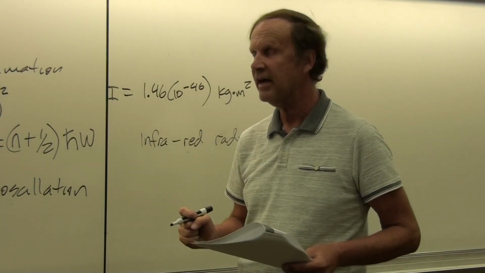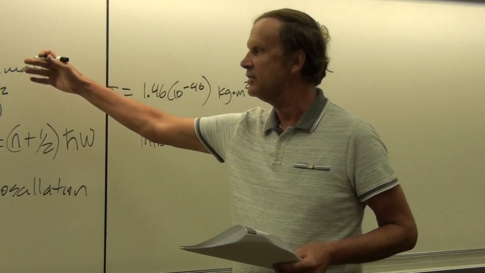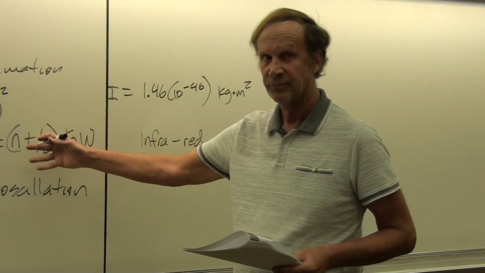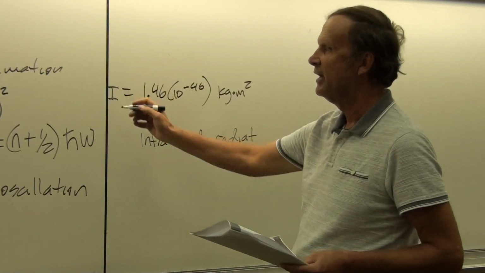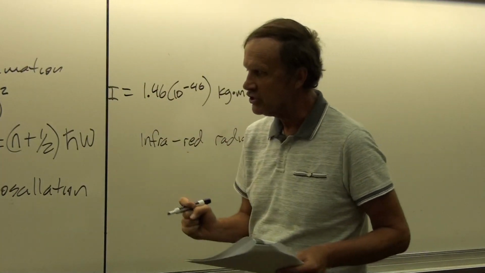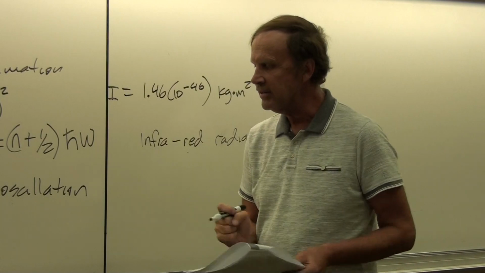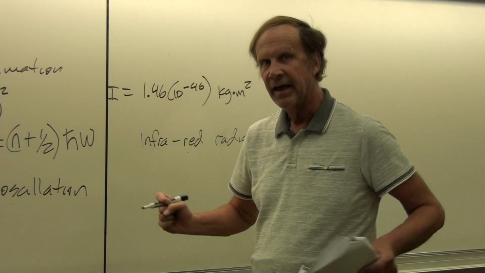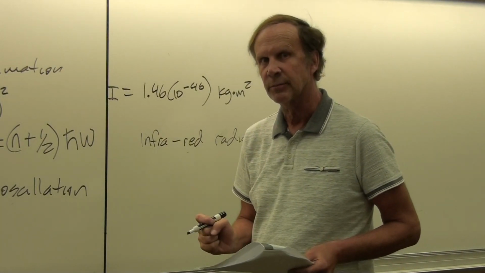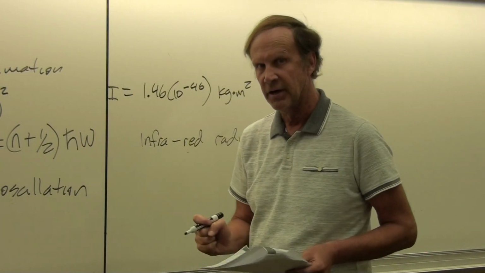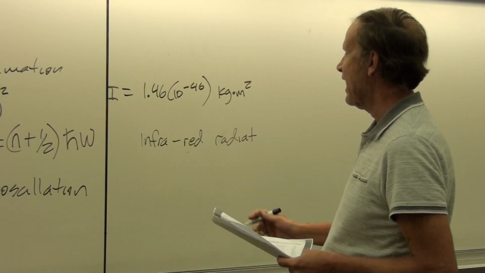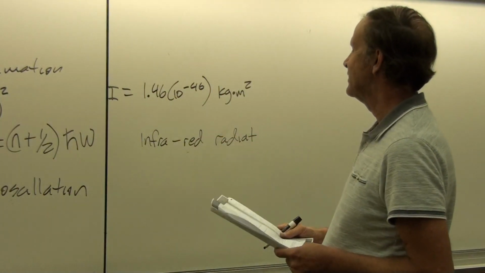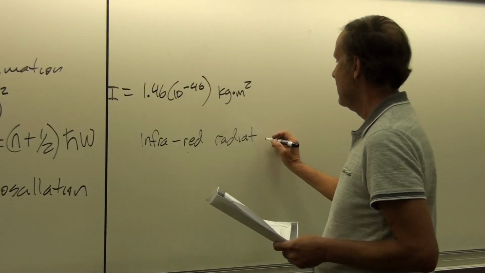And so that's the kind of thing then that can turn this into a greenhouse problem. Because if it's infrared radiation that's absorbed, then that means that the natural energy of the oscillation can be excited, and that means that the atoms can, and the molecules can absorb that infrared radiation. And that's what puts a cap on the infrared and keeps the infrared from escaping from our atmosphere.